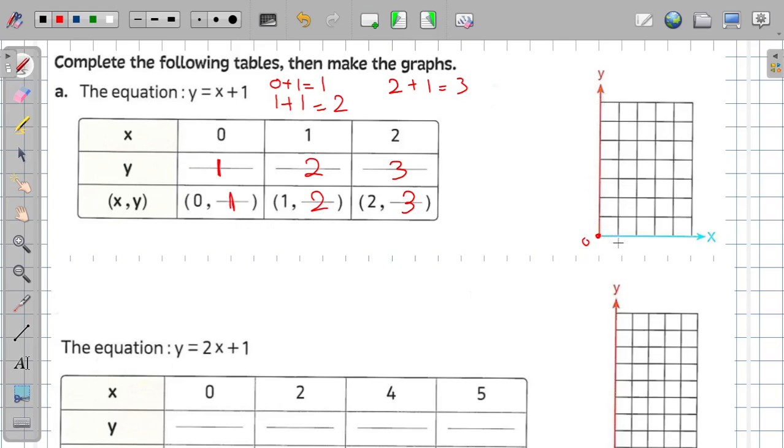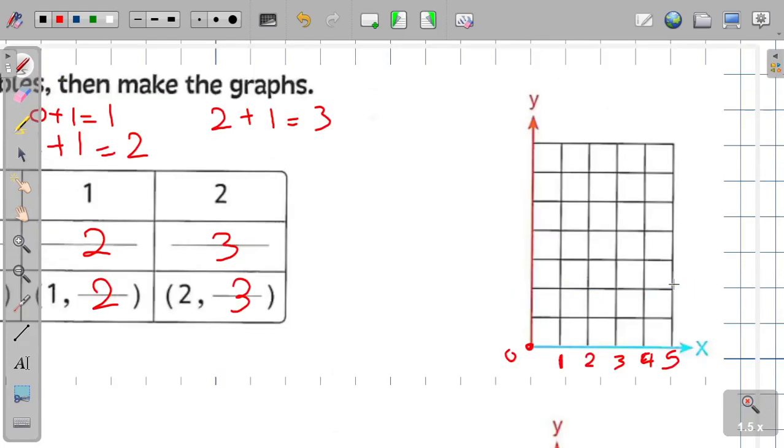So I will make equal distance here. So I have here 1. Next, I have 2. Next, I have 3. Next, I have 4. And I have 5. So let's try this. Here I have 1, 2, 3, 4, 5, 6, and 7.